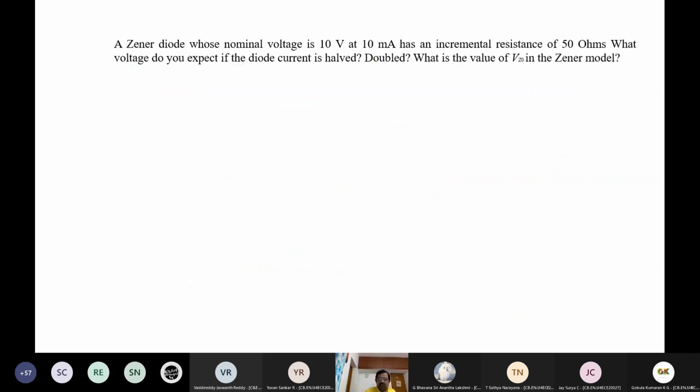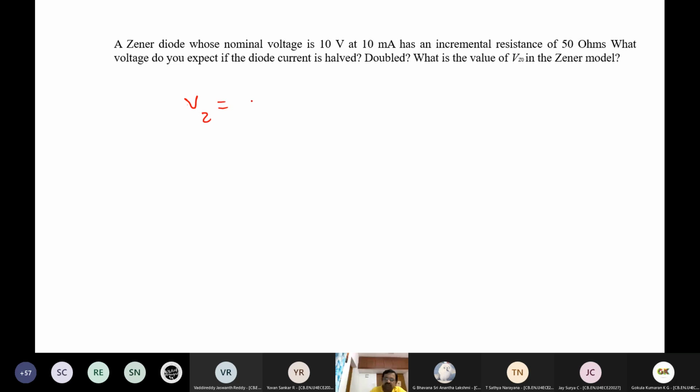Now let us go to another problem. A Zener diode whose nominal voltage is 10 volt at 10 milliampere has an incremental resistance of 50 ohms. What voltage do you expect if the diode current is halved, and doubled, and so 3 questions. What is the value of VC naught in the Zener model? So first thing, this is such a simple problem.